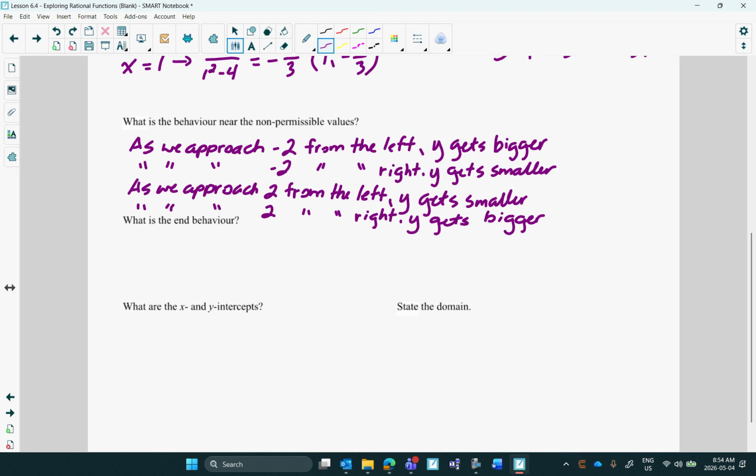What's happening at the ends? Well, on the left, as x gets smaller, y approaches 0.